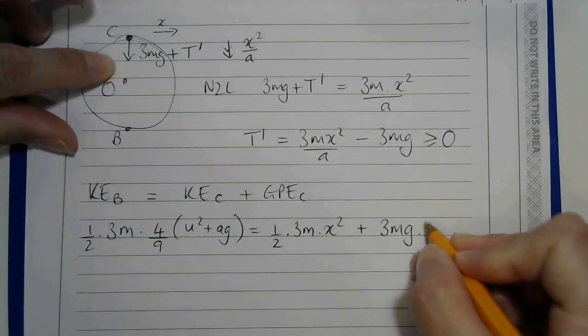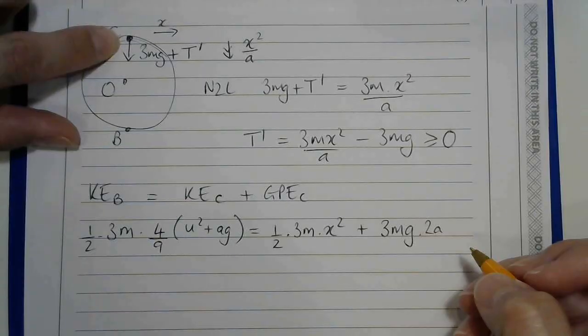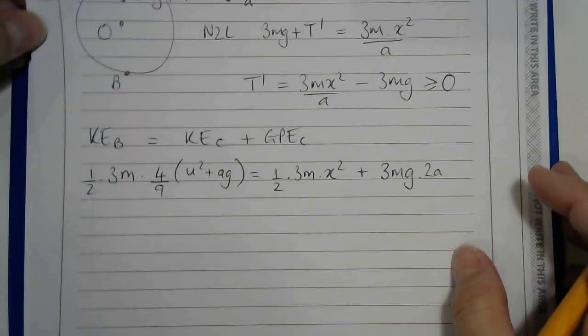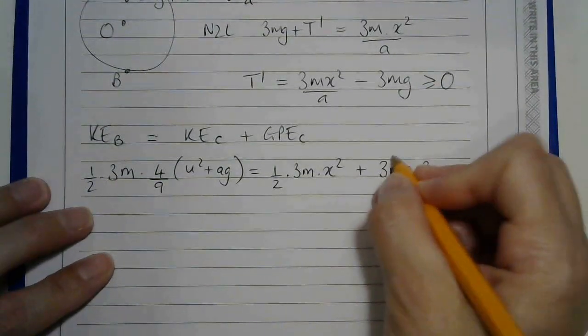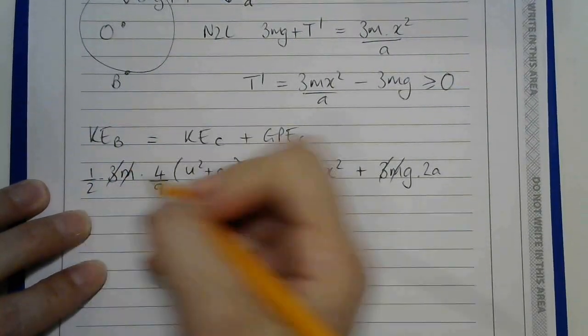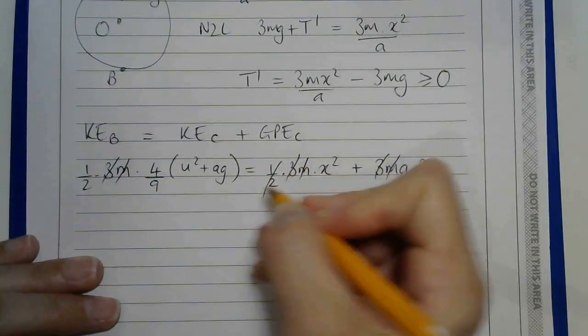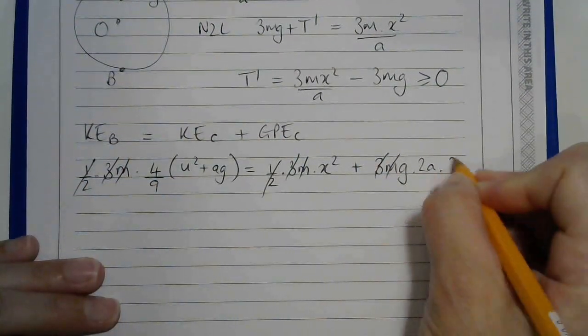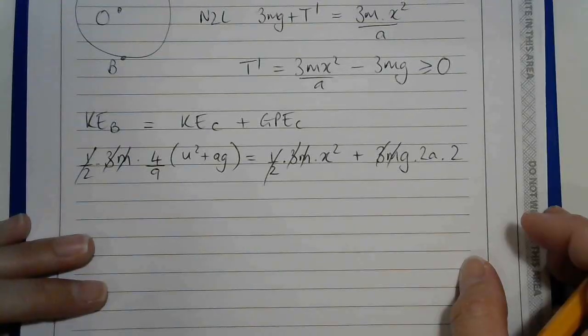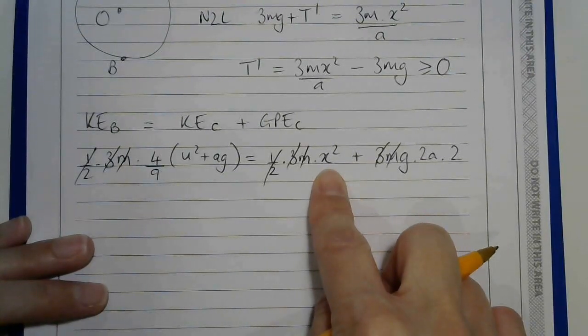It's 2a above where C is. So I can see I have 3m everywhere, so let's divide through by that. I need to get rid of this half, so I will double, double, and double. And now I've got an expression for x squared.